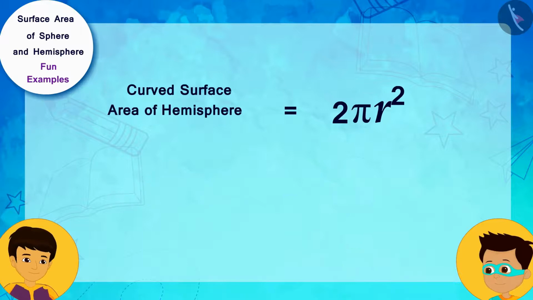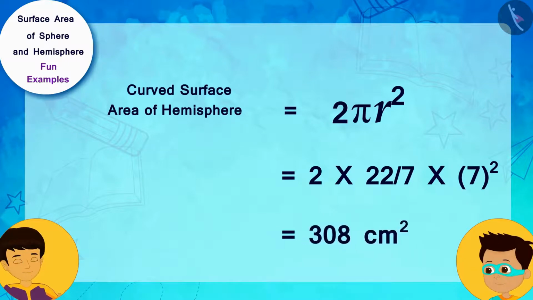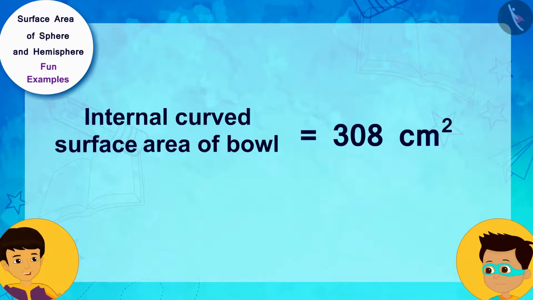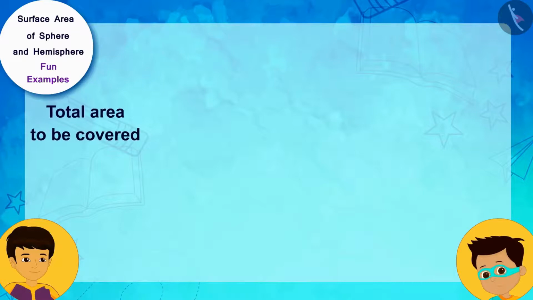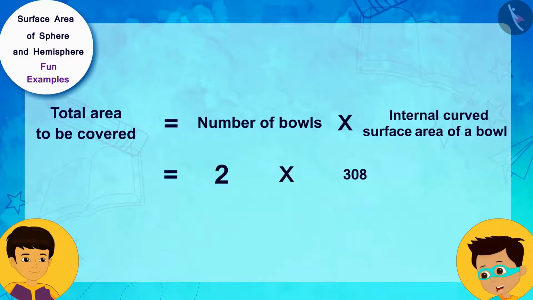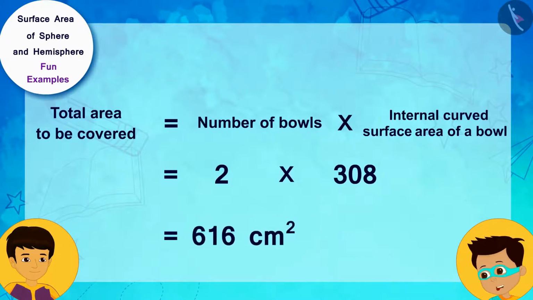Thanks, Thomas. Let's solve this by writing the radius of the bowl, 7 centimeters, instead of r. The internal curved surface area of the bowl is 308 square centimeters. That's right. And you have 2 such bowls. This means you have to get a total area of 2 times 308, that is 616 square centimeters.